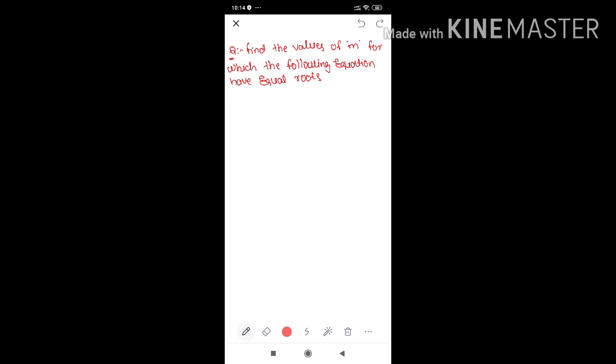So here just now we discussed equal roots. Equal roots in the sense discriminant is 0.